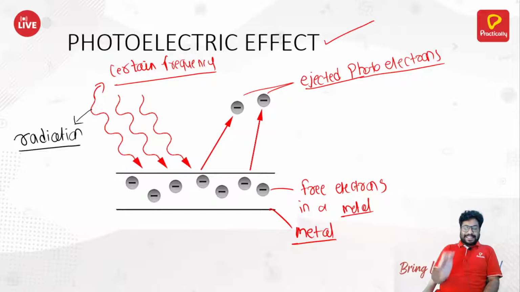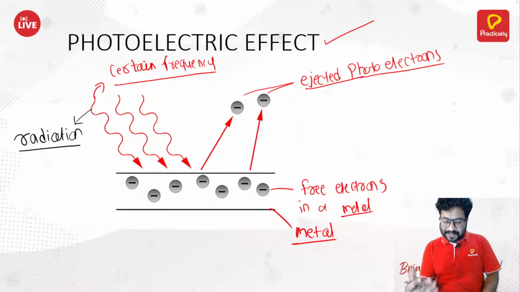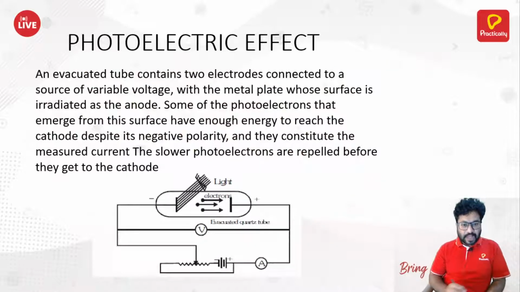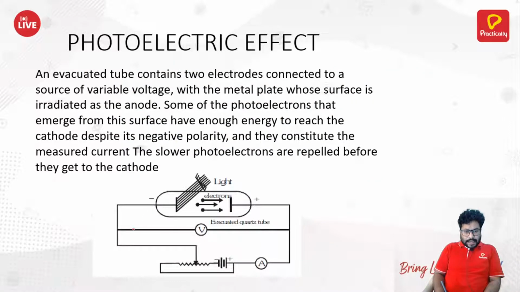Now let's see the photoelectric effect in much more detail. This is an evacuated quartz tube containing two electrodes, one plus and one minus. Between anode and cathode, which is plus and which is minus?